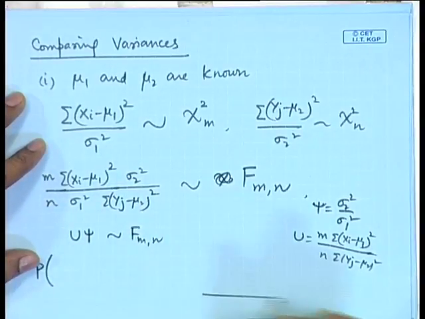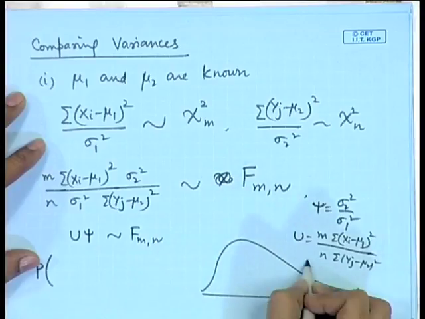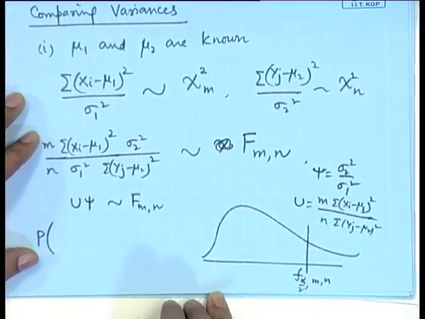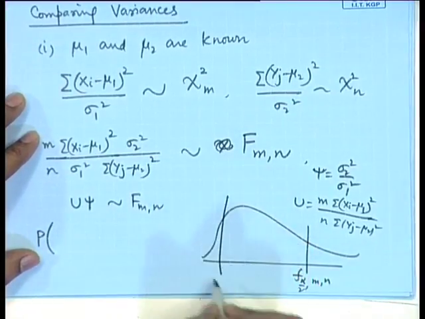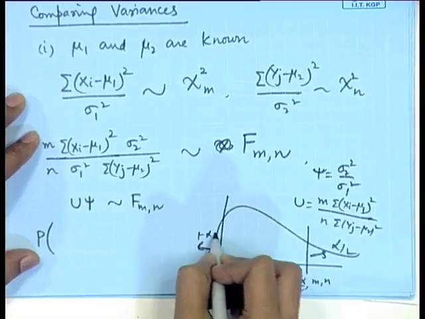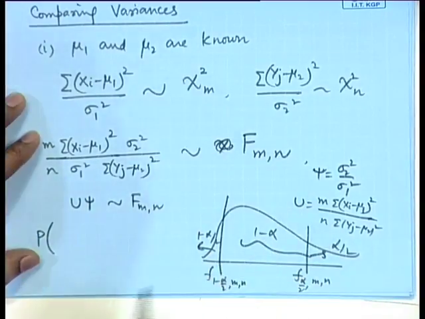So, if we make use of the tables of the F distribution, that is F on m and n degrees of freedom, and F 1 minus alpha by 2 on m, n degrees of freedom, this is alpha by 2 and this is 1 minus alpha by 2. So, this is 1 minus alpha.